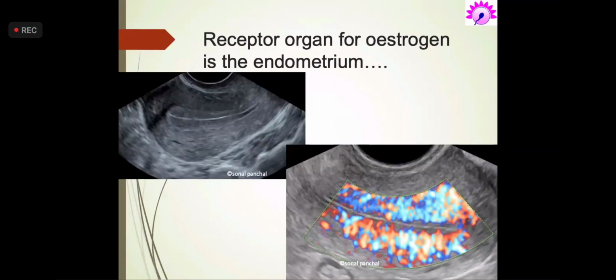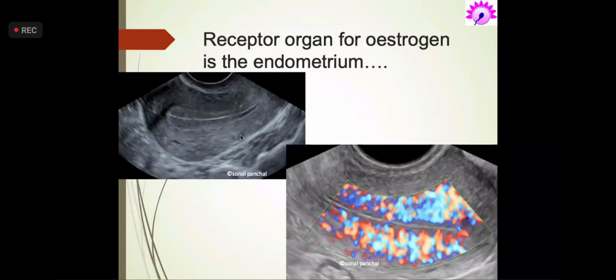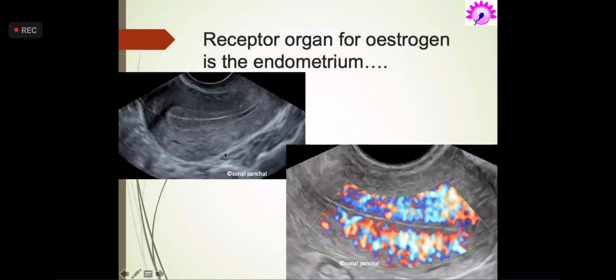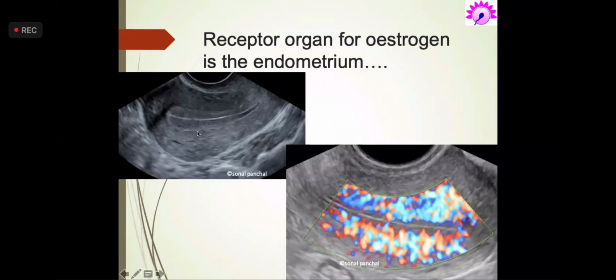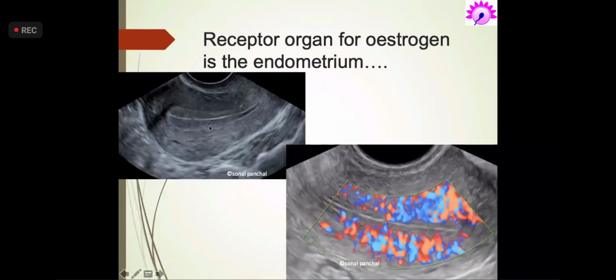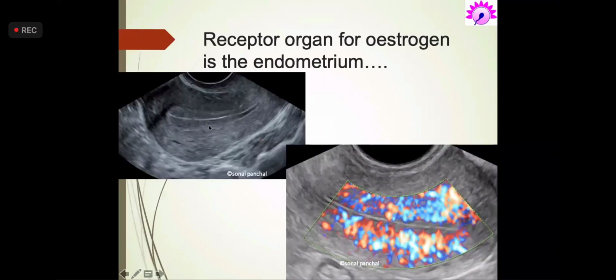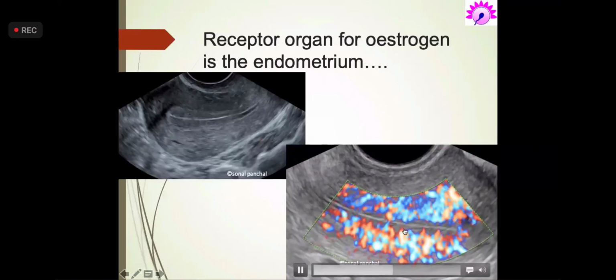The receptor organ to this estrogen, which is produced by the follicle, is of course the endometrium. And that receptivity is seen in the form of endometrial growth, endometrial morphology. You all know the multilayered morphology of the endometrium, and of course the endometrial vascularity.